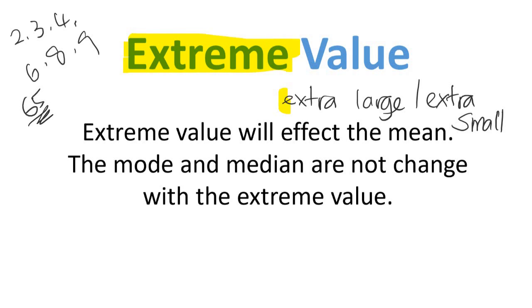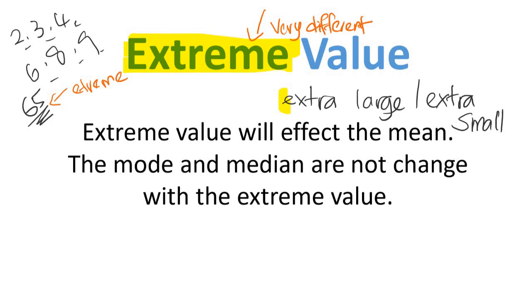This number, compared with the data I have, is a very large number. So this is called an extreme value. In other words, an extreme value is a number very different from the rest of the data we have.